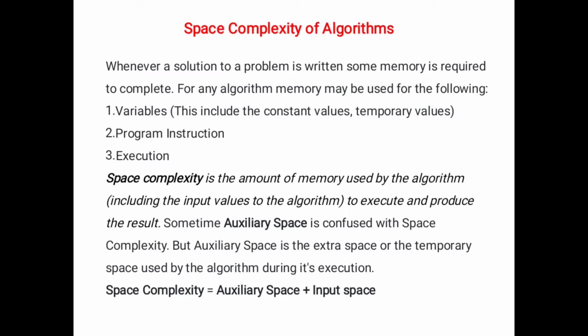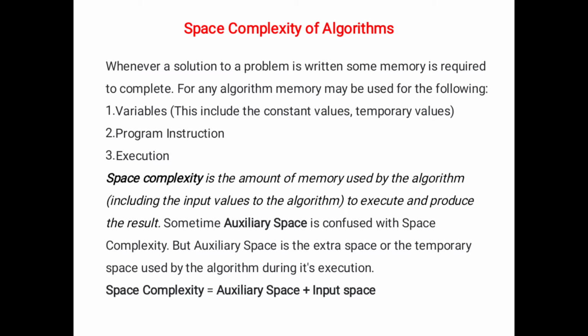The next definition: space complexity is the amount of memory used by the algorithm. Space complexity is how much space is allocated, or how much space is needed, to execute an algorithm. What are the contents of that algorithm? Input values to the algorithm also need some space from memory.